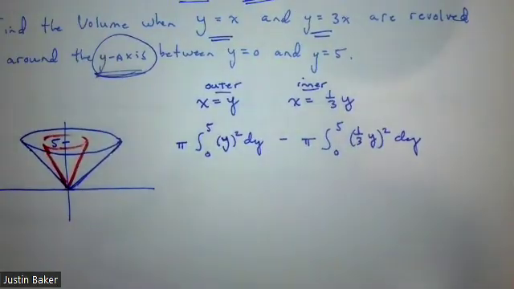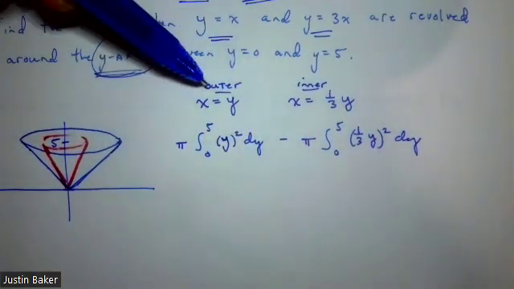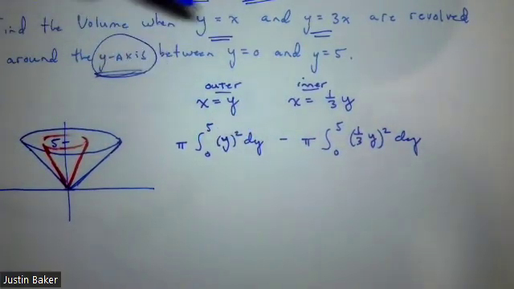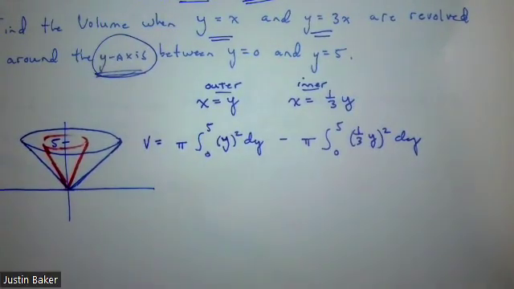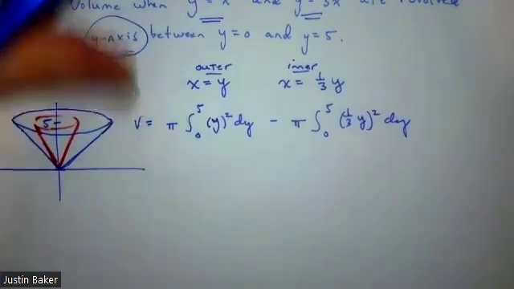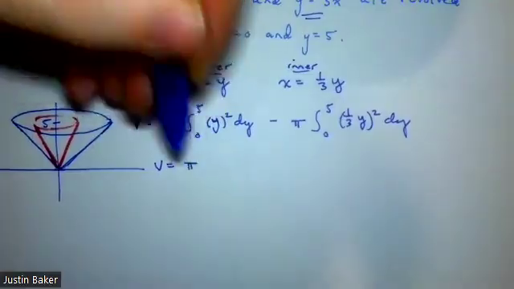And that is our setup. So from there, you just have to crank out the math. But the setup is pi r squared minus pi r squared, outer one minus the inner one. And that is all equal to volume. So that would be our setup.